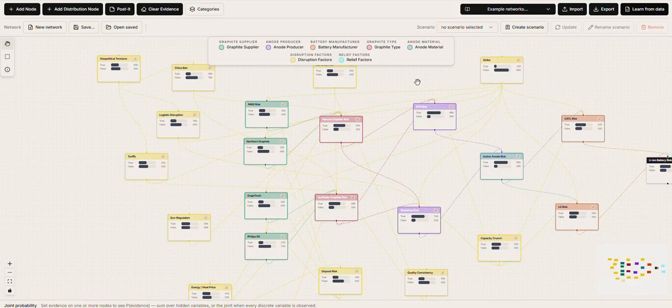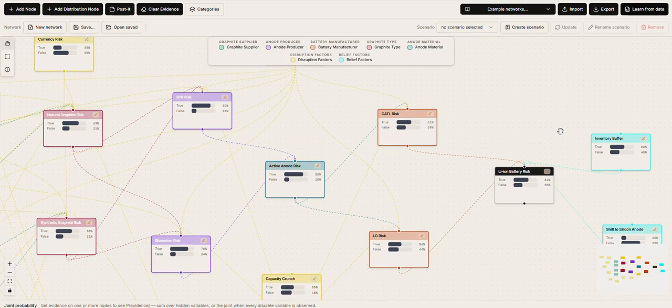And by doing that, you can finally model the uncertainty of the supply chain, and you can answer several types of questions. So for instance, you can see that in complete uncertainty, you already have a lot of risk around your battery because of graphite. Here, by itself, you have a 62% chance that a severe disruption happens in complete uncertainty.